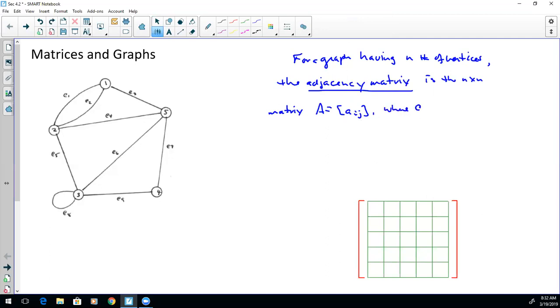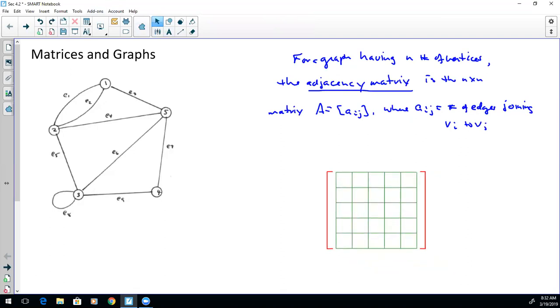So the entry in the ith row and the jth column is going to equal the number of edges joining vertex i to vertex j. That's it. This is slightly different than the one in the book.